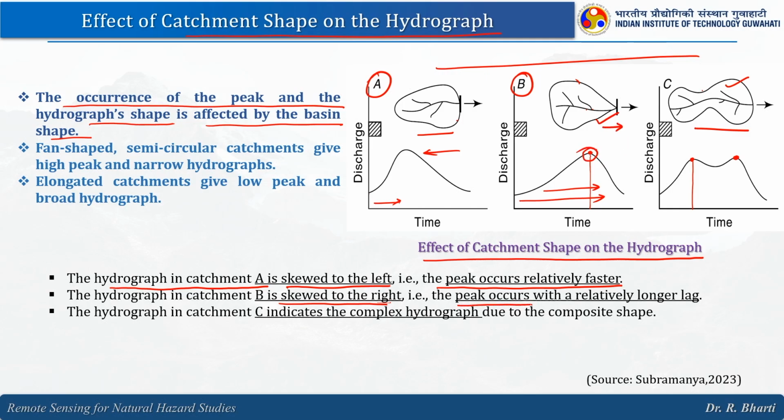The peak occurs with a relatively longer lag, where lag is the difference between the first and second event. So, you can consider this a longer time. The hydrograph in catchment C is a complex hydrograph, right, due to composite shape. Here you have two peak discharges, one at a short period of time, one at a longer duration.